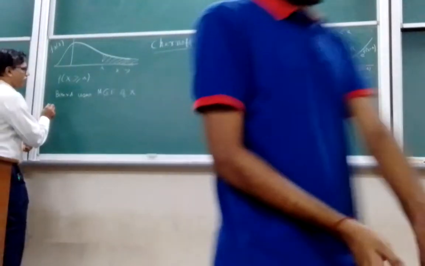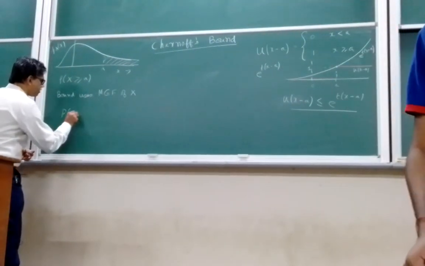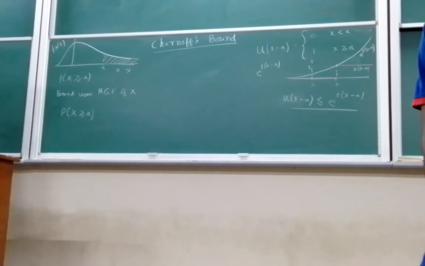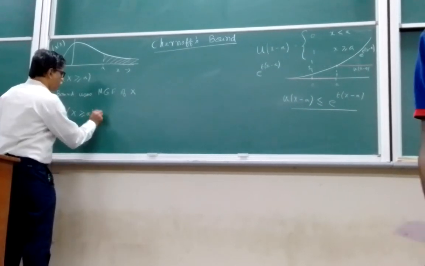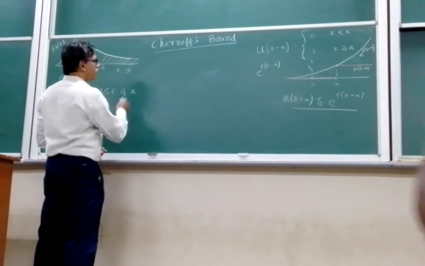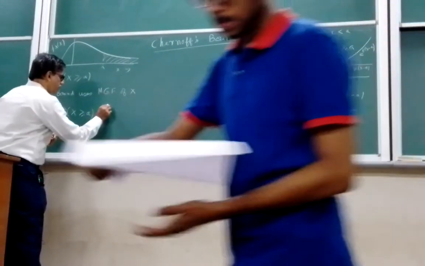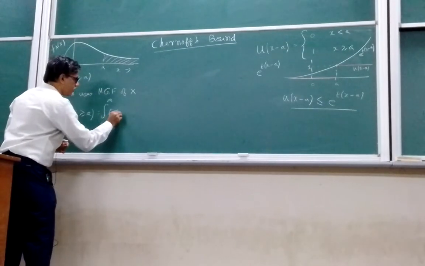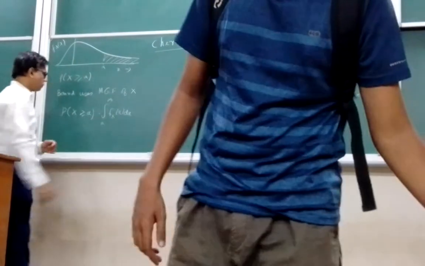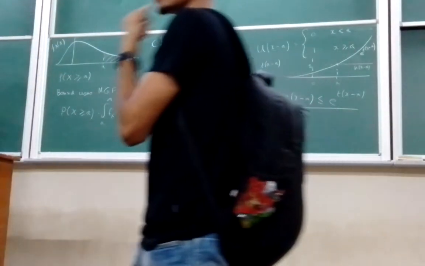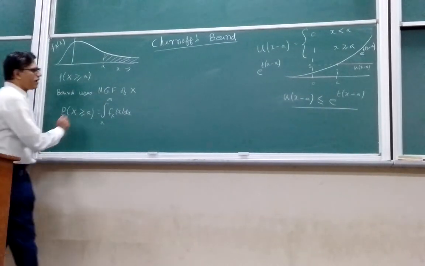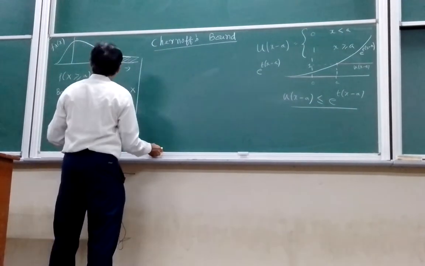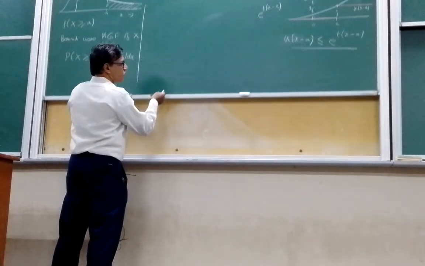Well, now let us consider the probability that x is greater than or equal to a. So what is this one? That is the integral from a to infinity of fx of x.